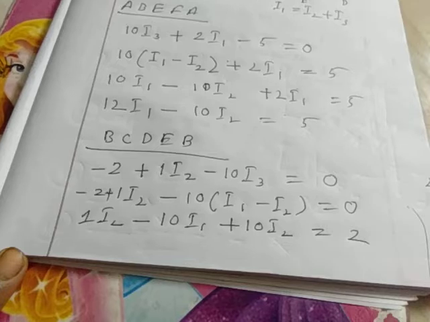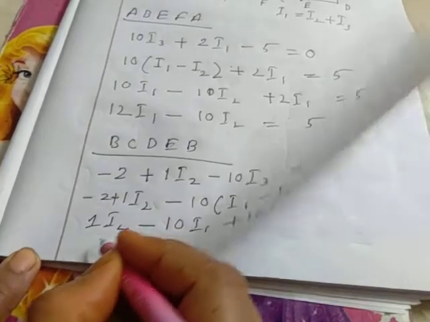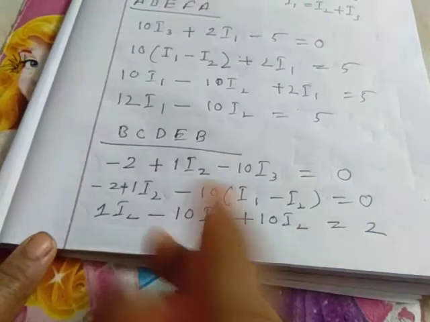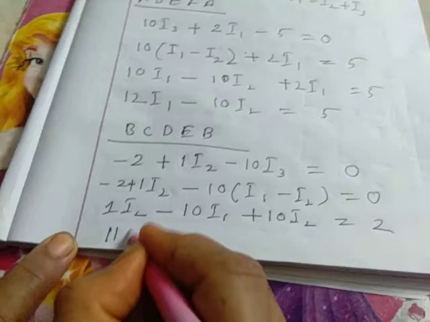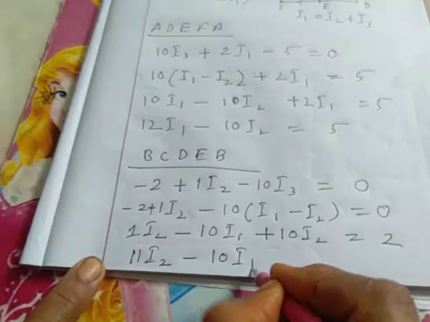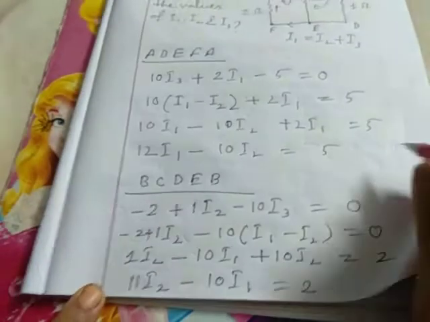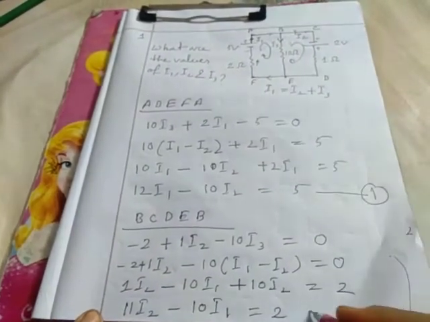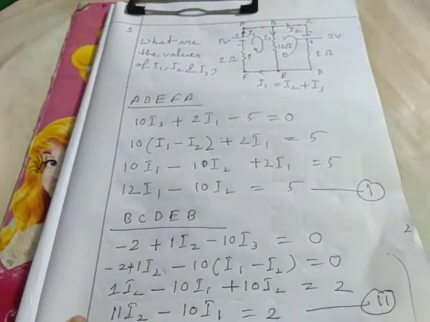Okay, so here it will be 11 I2 minus 10 I1 equal to 2. This is equation 1, this is equation 2. Let's solve in the next page.